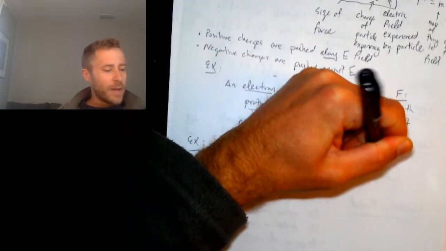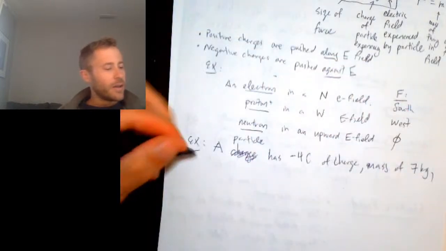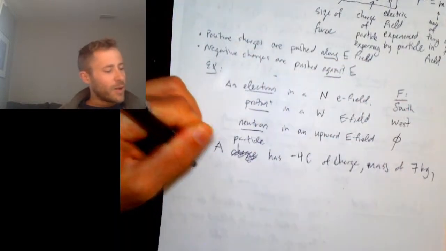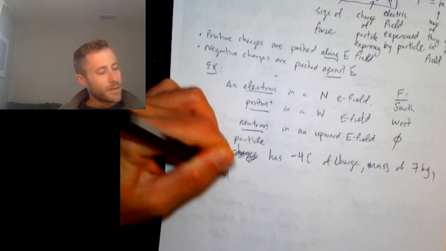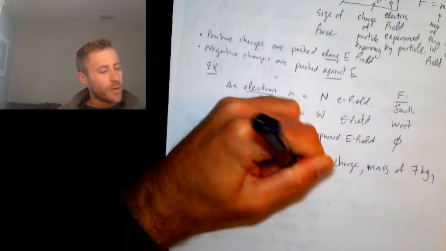It has a mass of 7 kilograms, and it has a velocity of 10 meters per second to the right.